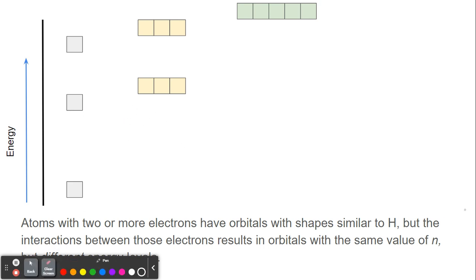Now my 2s and 2p orbitals are at just slightly different energy levels. It's a result of interactions between the electrons with the same values of n. So this is 2s and this is 2p, but 2p is at a slightly higher energy level than 2s. You can imagine that it would take just a little bit more energy to excite an electron from 1s to 2p than it would to excite an electron from 1s to 2s.